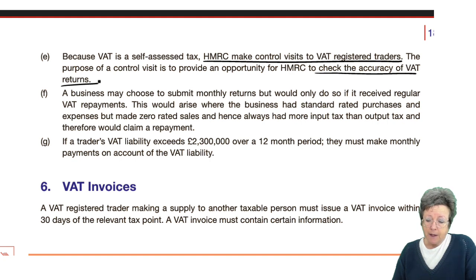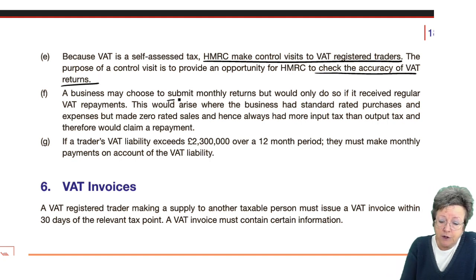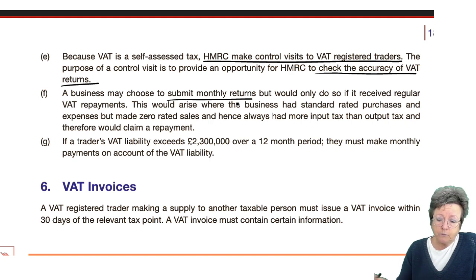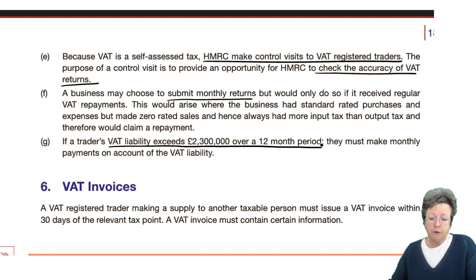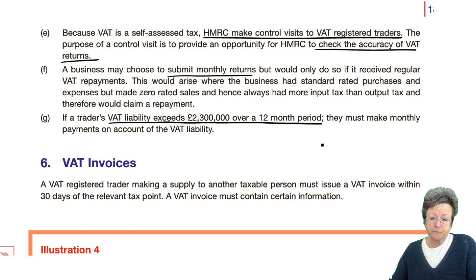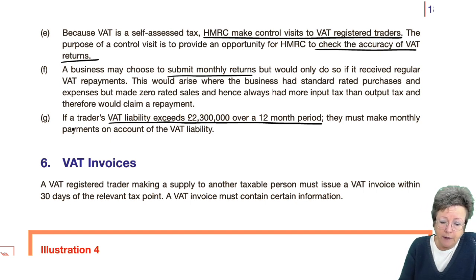Okay. You can submit monthly returns. Okay, but you can't do that if your liability exceeds £2.3 million. Okay, no, sorry. If they exceed that, then they must make monthly payments.